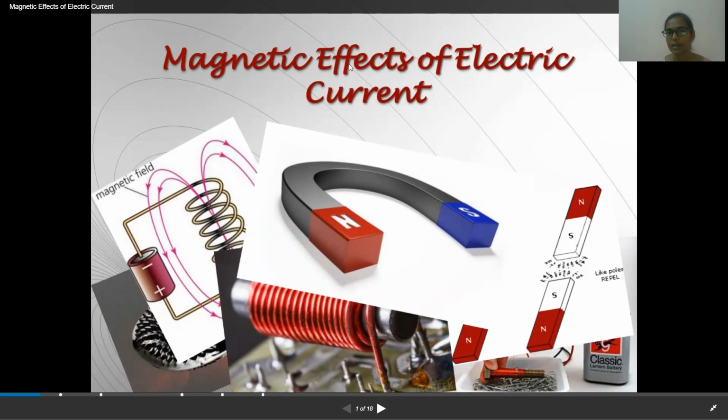Similarly, when you pass electricity, the fans and all rotate. That principle is nothing but the magnetic effect of electric current. So when you pass electricity, a magnetic field is produced. How it is, we are going to learn in the coming slides.